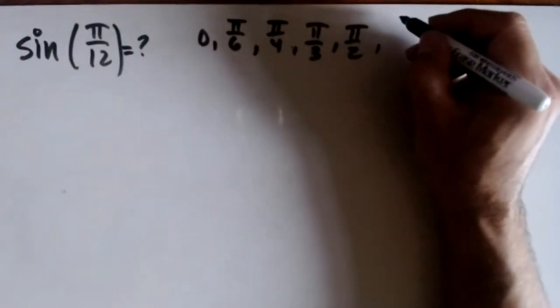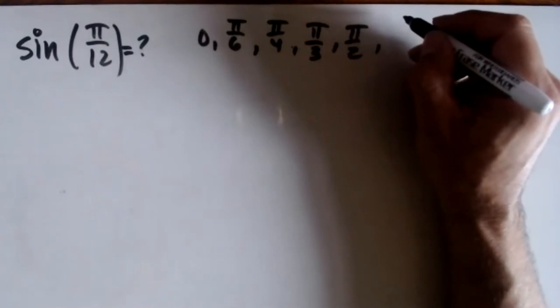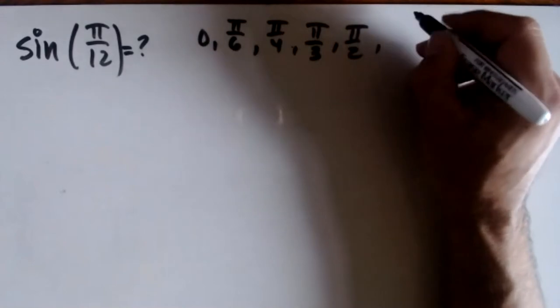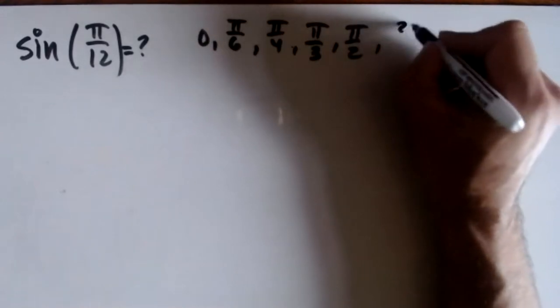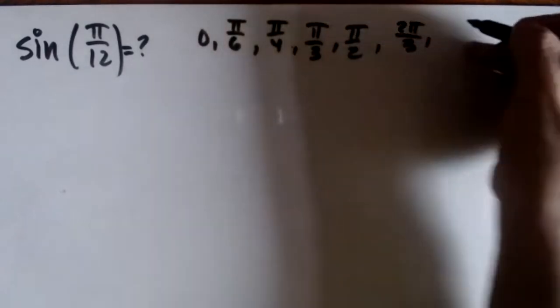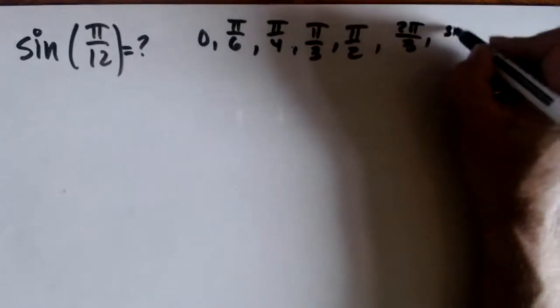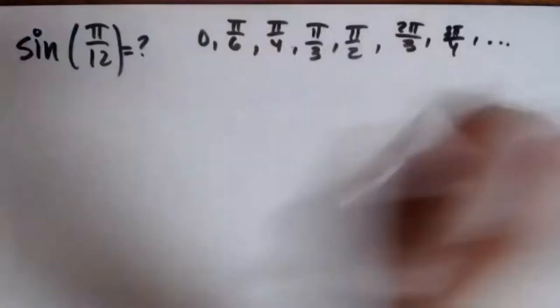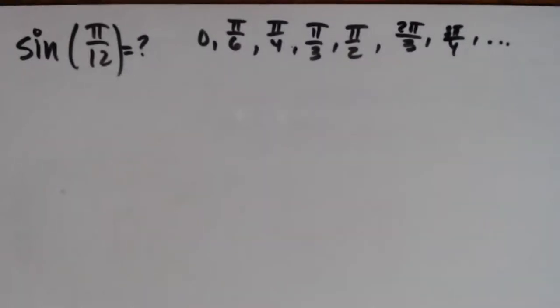And over there, all the next fractions that sometimes are difficult to remember, right? So you have 2 pi over 3, 3 pi over 4, and so on. But let me just focus on this first 4. Pi over 6, pi over 4, pi over 3, and pi over 2.